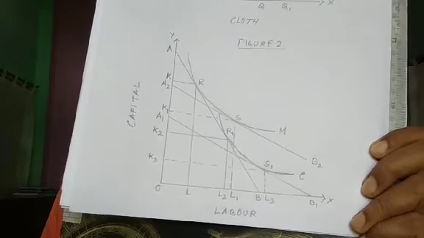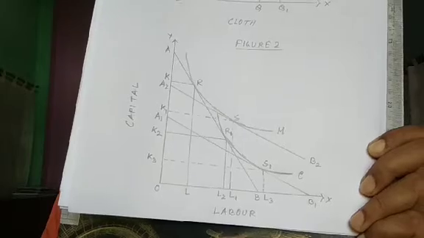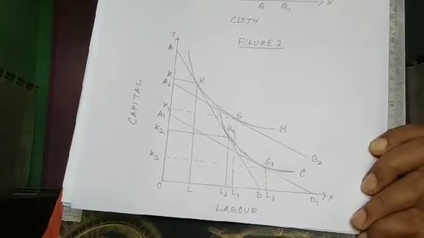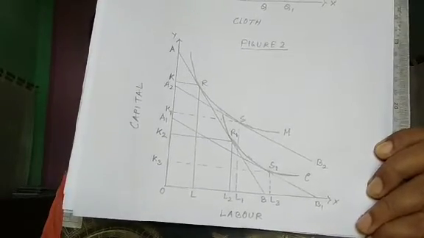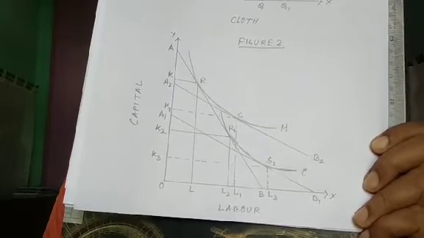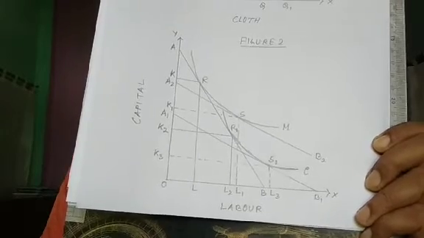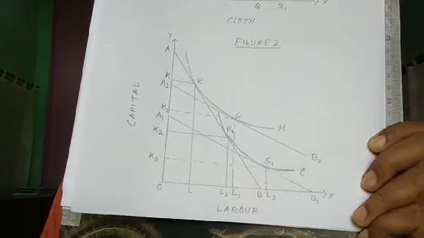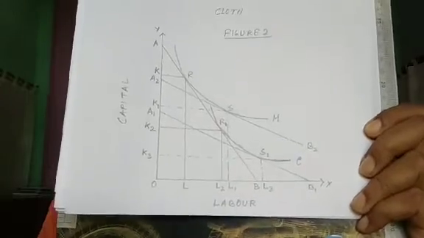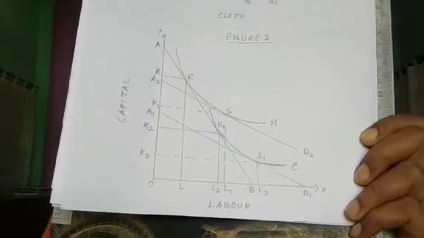OL amount of labor is equal to AK amount of capital if we express the total factors of production used in terms of capital only.